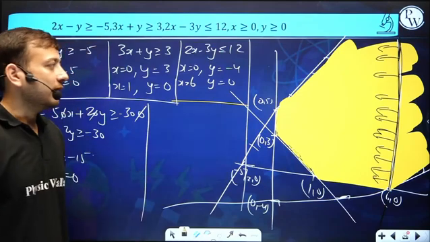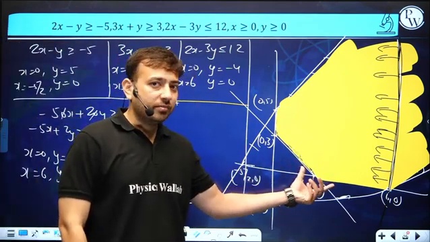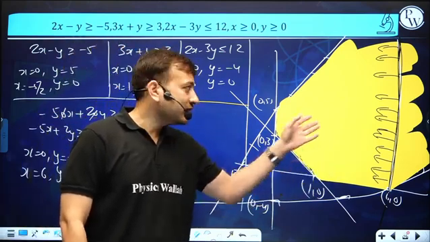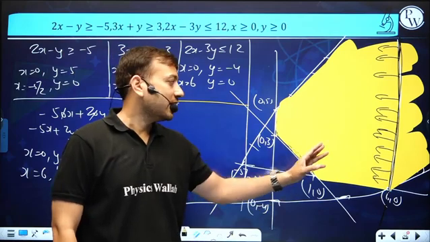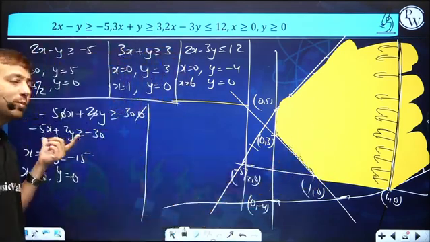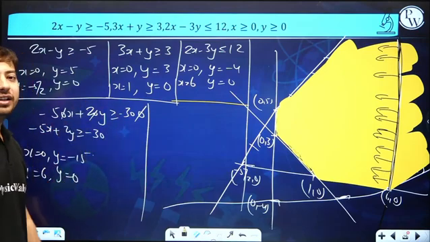Now what is happening? You can see that this line is having a common region with your feasible solution. That means there are more x and y values where you can get more than 300.